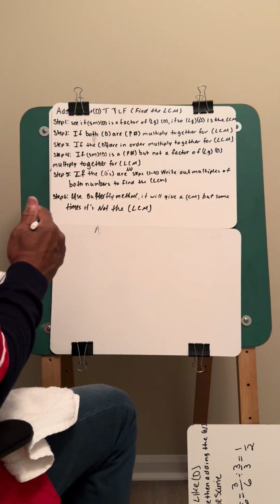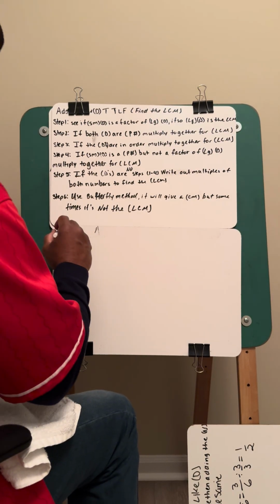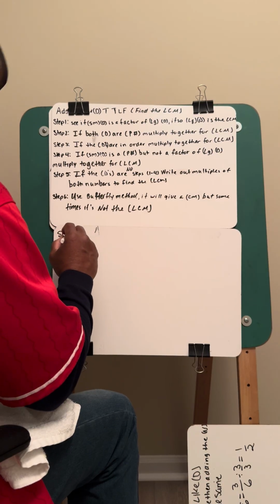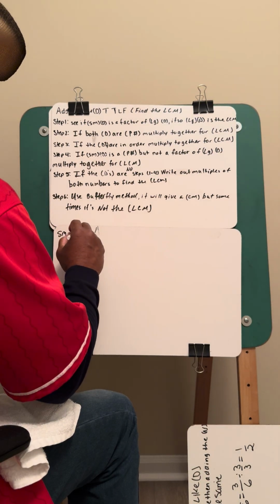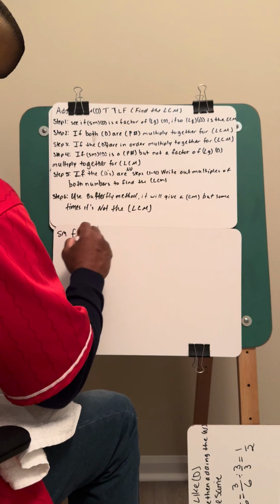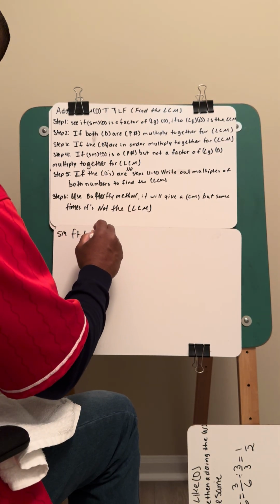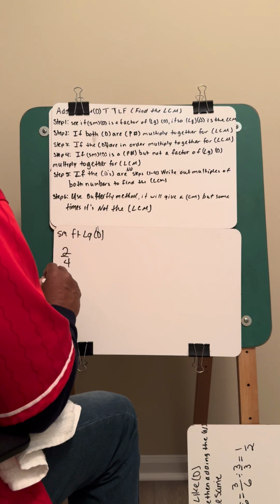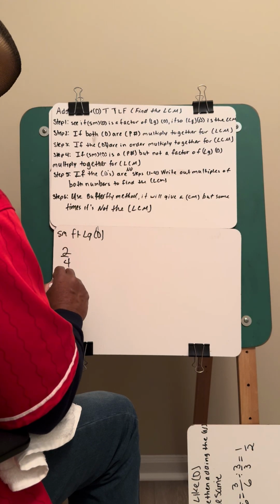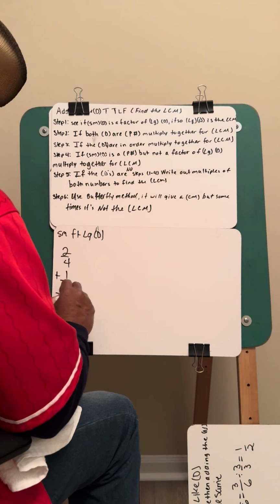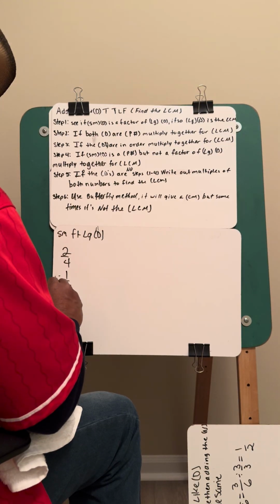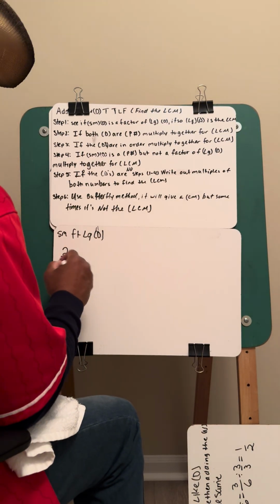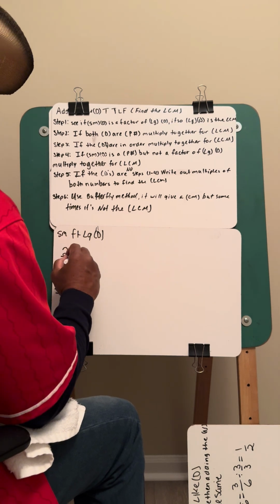So step 1, small denominator is a factor of the large denominator. If my problem said 2/4 plus 1/8, I'm going to set the problem up because I have unlike denominators.